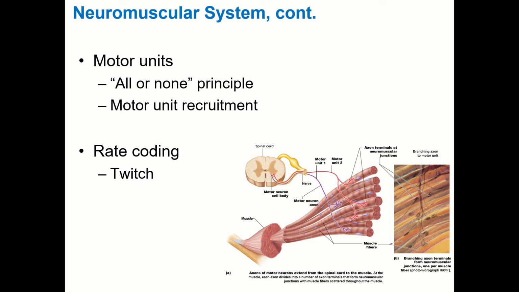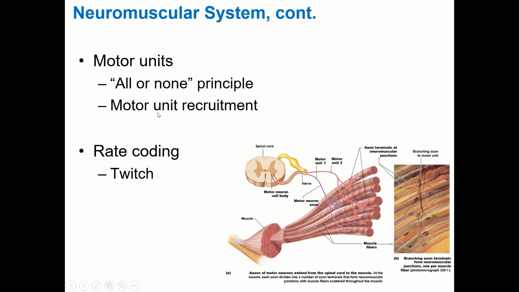And so it doesn't require very much force from the muscles to be able to lift them up. As a consequence, I'm only going to use the type 1 or the slow twitch, the smallest motor units. And then if I'm lifting something heavier, so rather than a phone, let's say I'm lifting a brick, something slightly heavier, then I'll need additional motor units. So I'll need additional muscle fibers, so I have to recruit additional motor units, and so I activate additional alpha motor neurons. So that's motor unit recruitment.